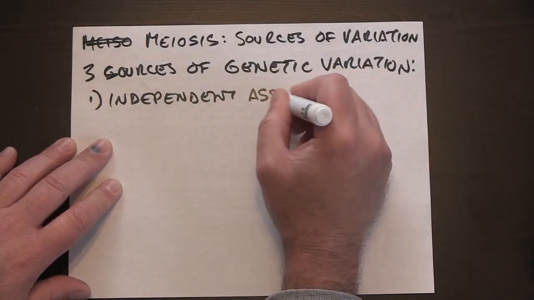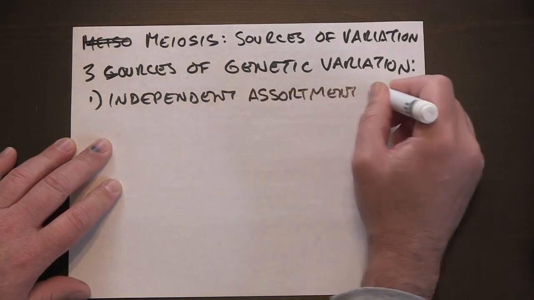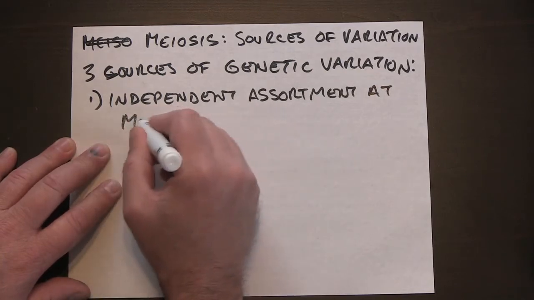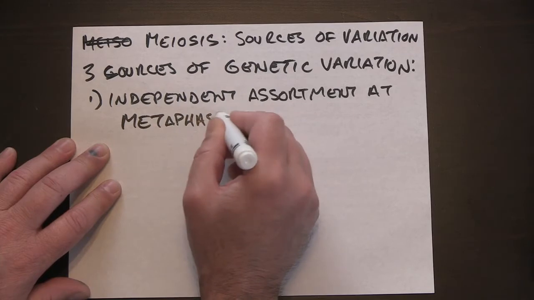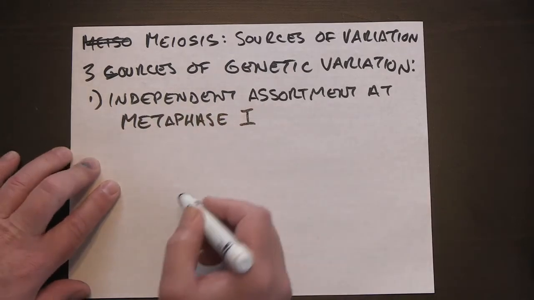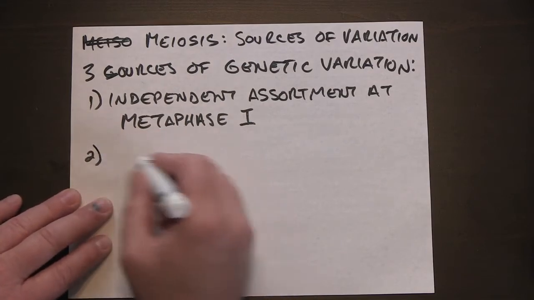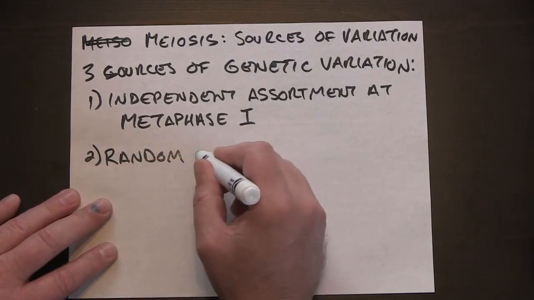I prefer assortment. And this is at metaphase 1. The second is the random fertilization of gametes.